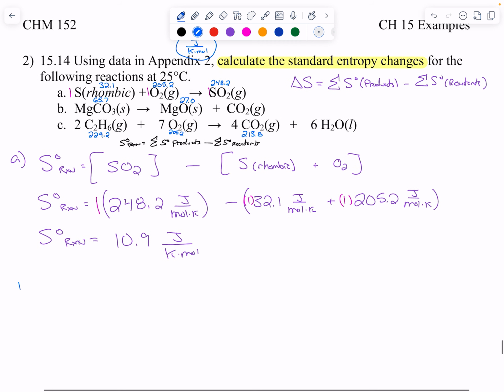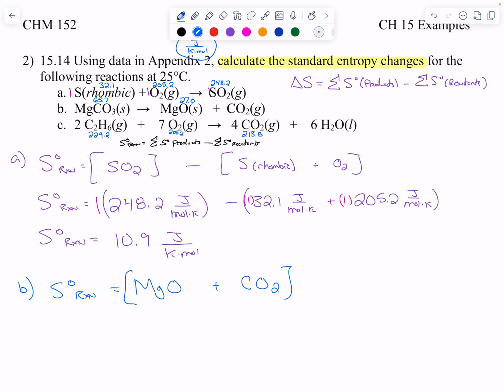For B, same thing, products, so our entropy change of the reaction. Products would be magnesium oxide and carbon dioxide, all coefficient of 1. Reactants, magnesium carbonate. So magnesium oxide was 27.